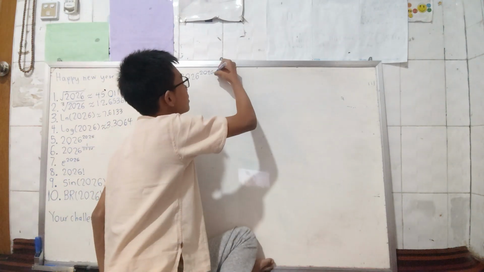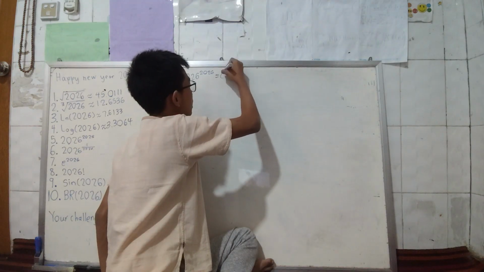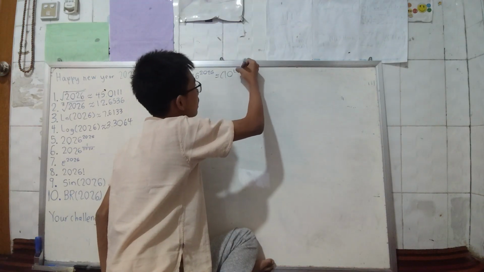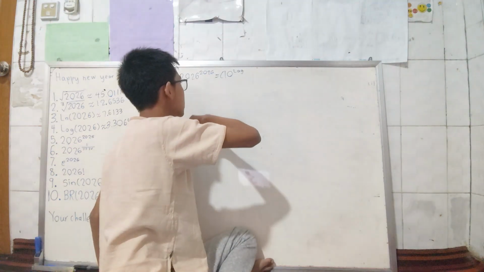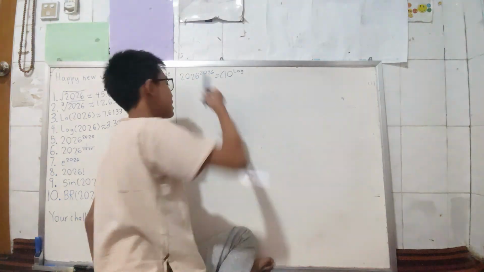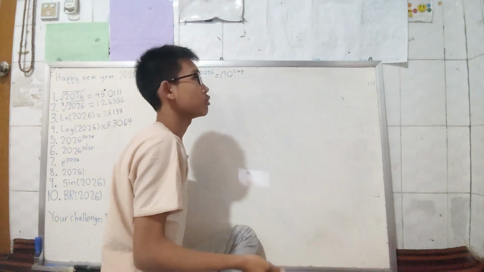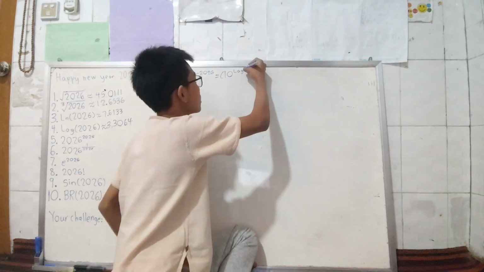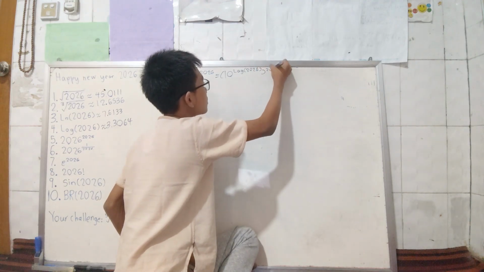So that's going to be 10 to the power of log. I'm using the change of base, changing the base from 2026 into 10, so it's easier to calculate. Although the exponent will be a decimal, so that's going to be log of 2026 to the 2026.